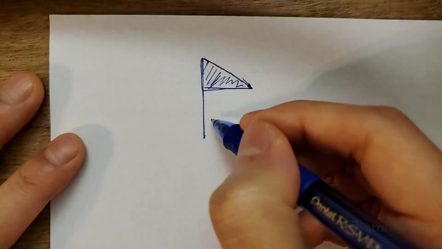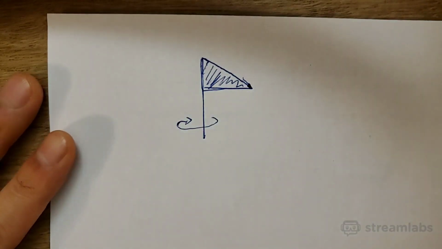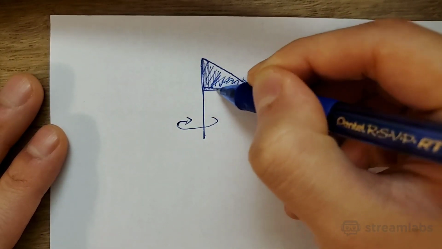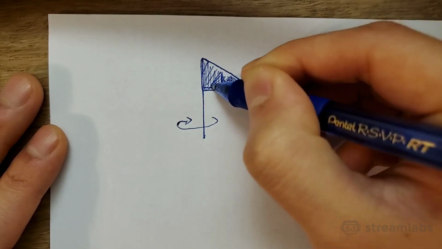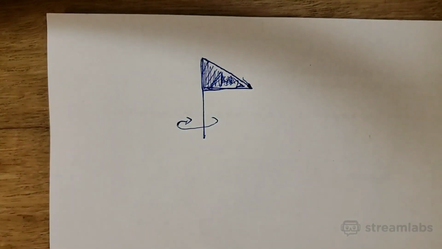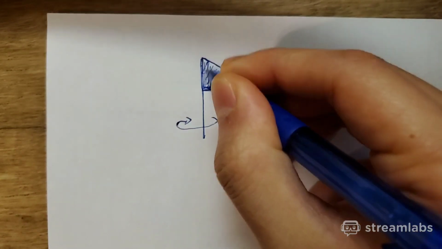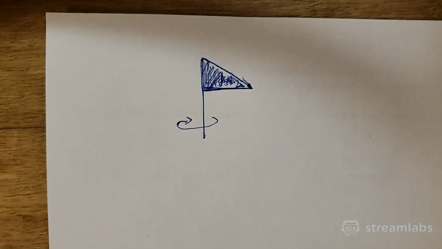If I rotate it like this, really fast, what would the shape look like when I rotate it?